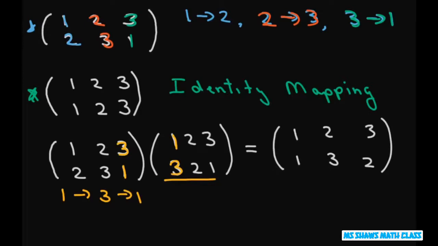Hence, we're writing these two numbers. 1, 1. All right. The next one, we're going to do 2 maps to 2.